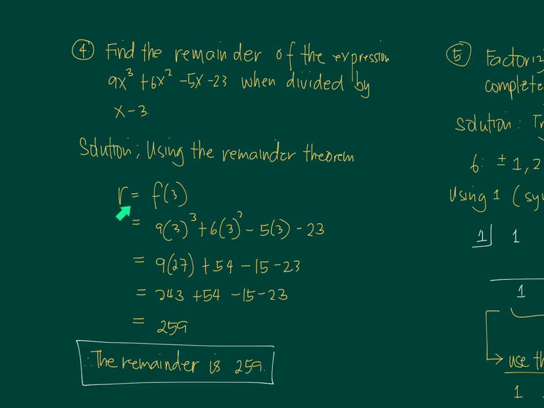The remainder theorem says that the remainder can be obtained if we substitute the number that makes the divisor 0. So x minus 3 is the divisor, and the number that will make this 0 is 3. So we place 3 on every x. If we do that, it will give you the remainder. Just simplify this until you get the number, and that number is the remainder.